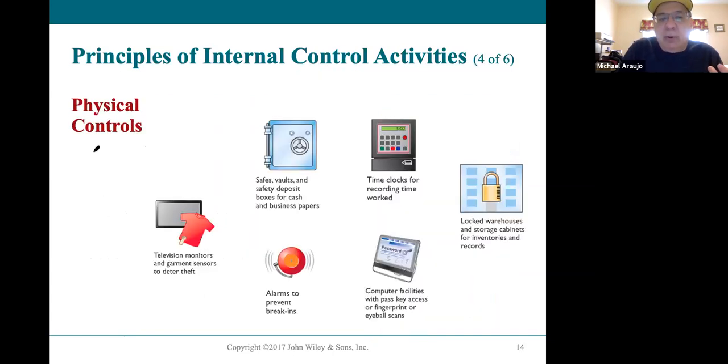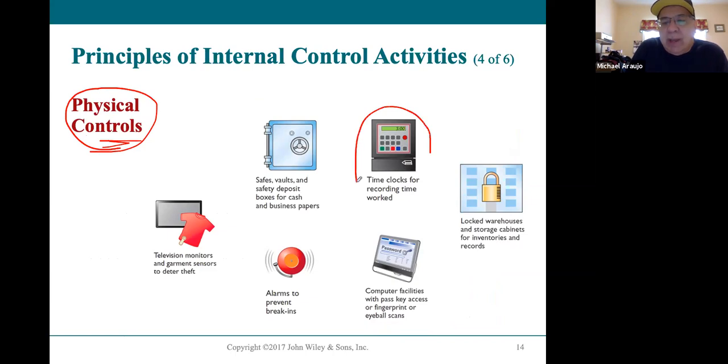We've all been through and have witnessed physical controls of all sorts. I know for all of you, and I'd like to hear your stories on this, time clocks used to be one way of keeping records to make sure employees were not stealing time, right?